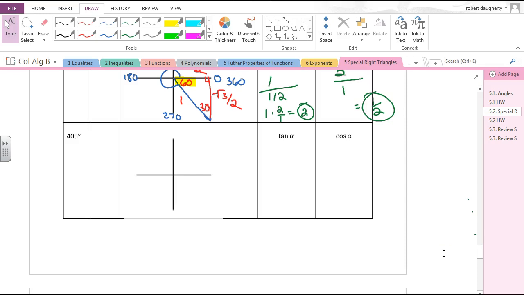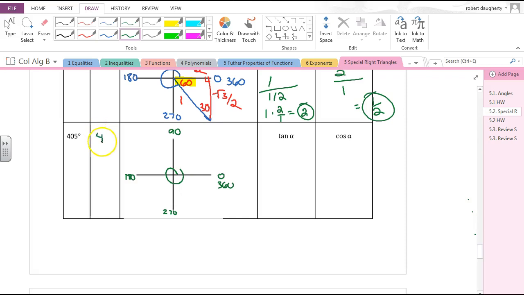It's more than a full revolution, okay? So 405 degrees means I'm going to go all the way around the circle. So I start here, I go all the way around. After 360, how much further do I have to go to get to 405?